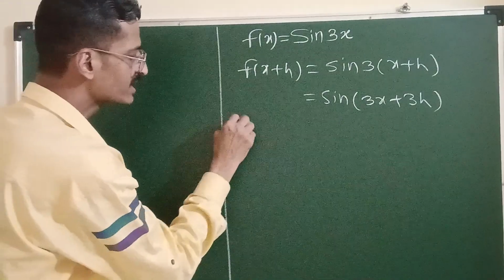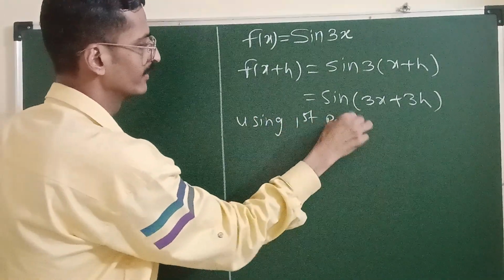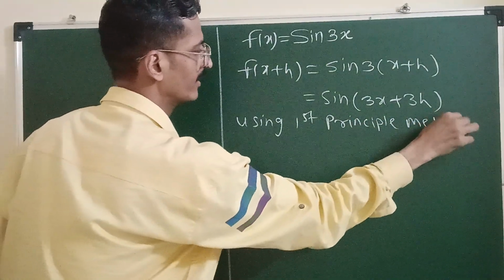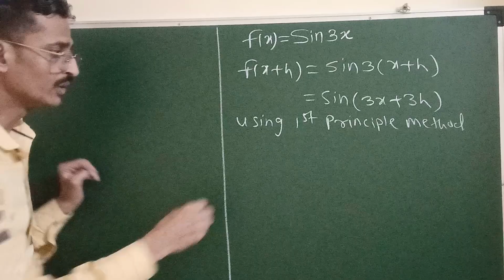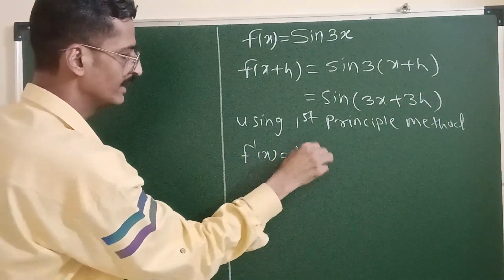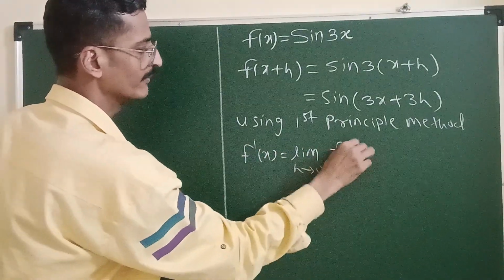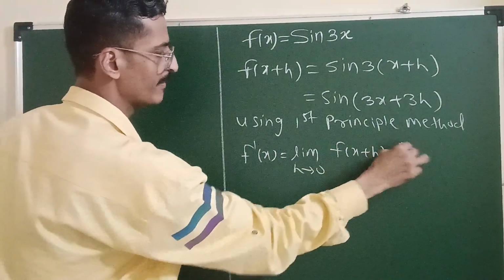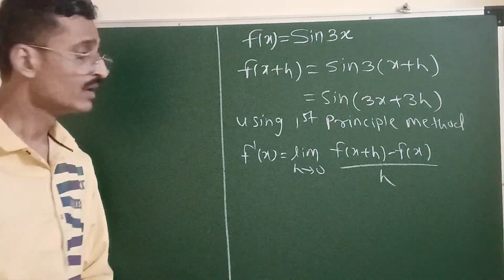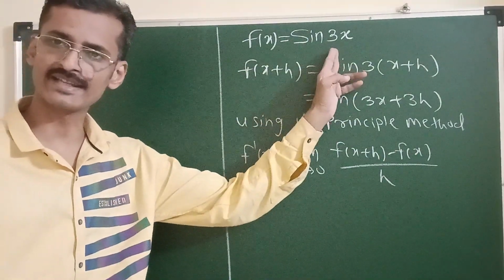So using the first principle method, we know that f dash of x is limit h tends to 0 of f of x plus h minus f of x upon h. So what do we want here? We want f of x, this is f of x.